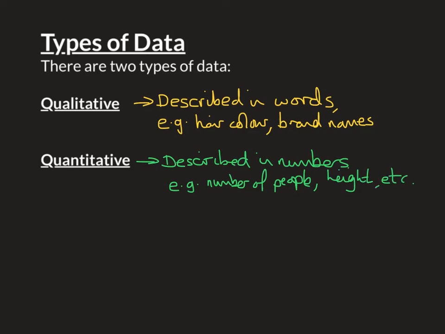Now, we need to split quantitative down into two more categories. So quantitative data splits into two. We need to be aware of both and use this vocabulary. It splits down into discrete data and continuous.